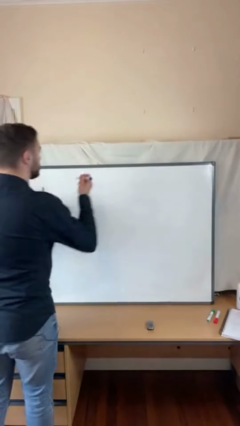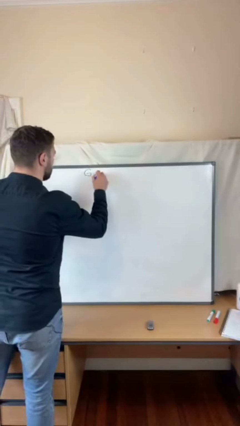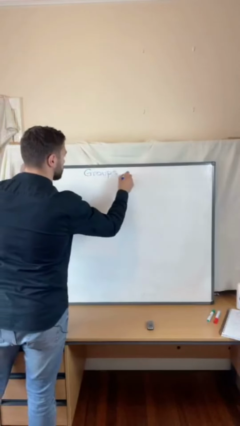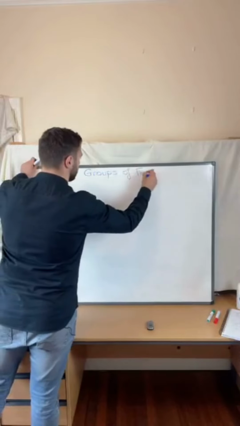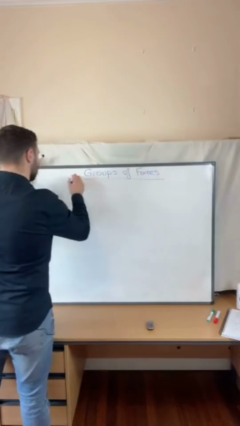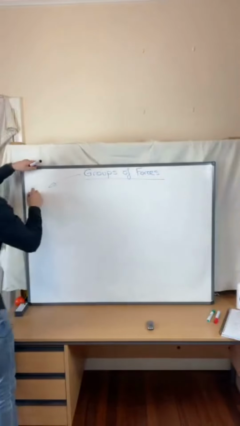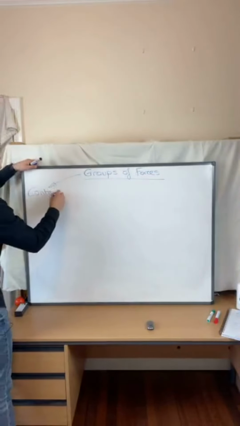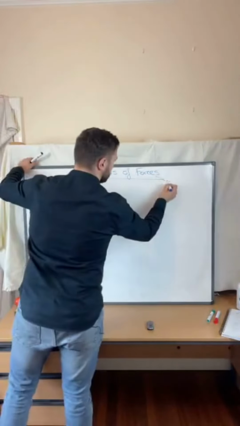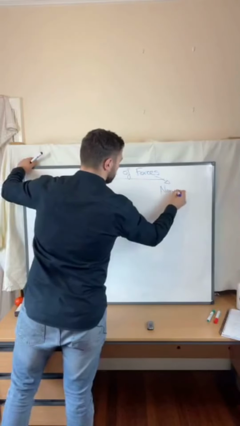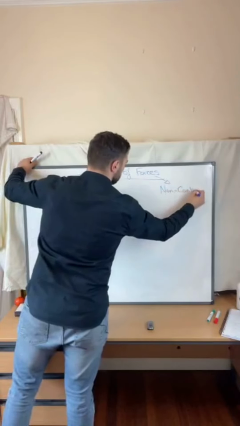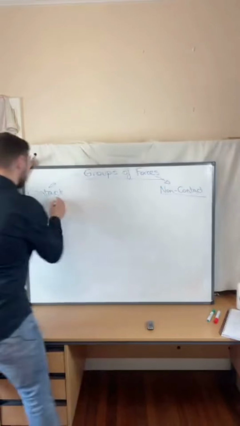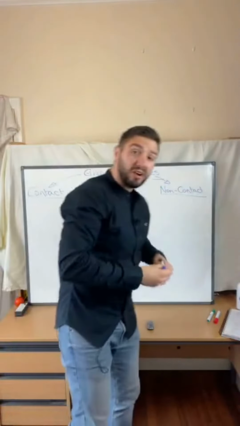So, there are two main groups of forces. So we've got contact and non-contact forces. Okay, pretty straightforward idea of how to identify the differences between the two of them.